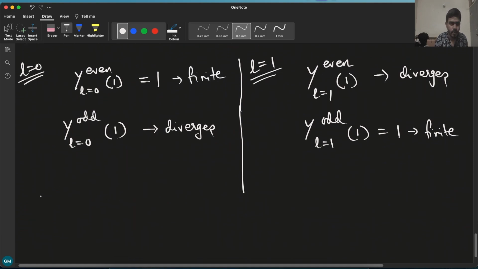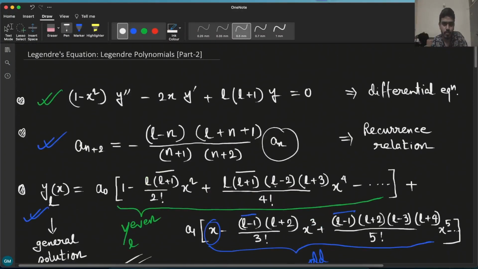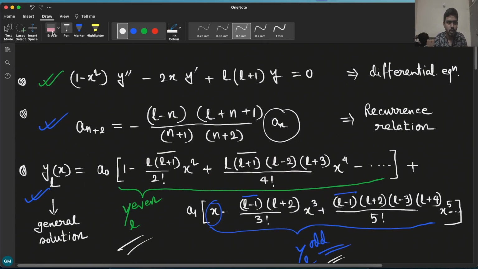Similarly, for L equals 2, y even, you can see there is an L minus 2 sitting here, and following the pattern, for all the higher order terms of this even series there will be an L minus 2.